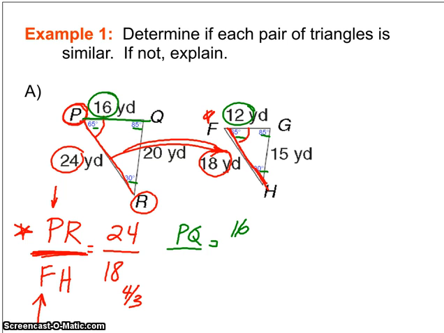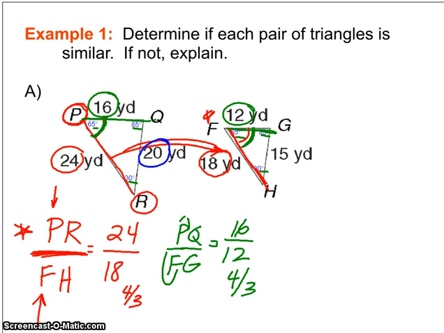And over here, P again is the 65-degree angle, which comes first. So over here, again, F is a 65-degree angle, so I'm going to write F first. So again, P corresponds to F. So PQ is 16, which corresponds to FG, which is 12. If I divide both of those by 4, I also get the ratio of 4 to 3. And let's do our third side.